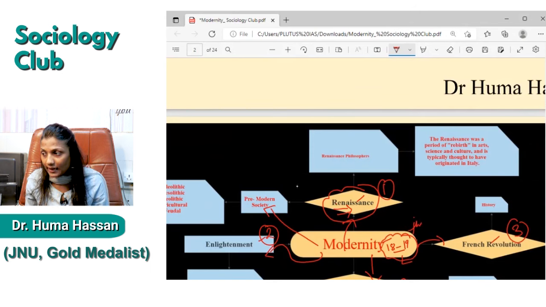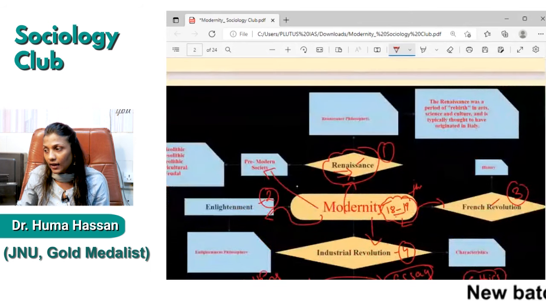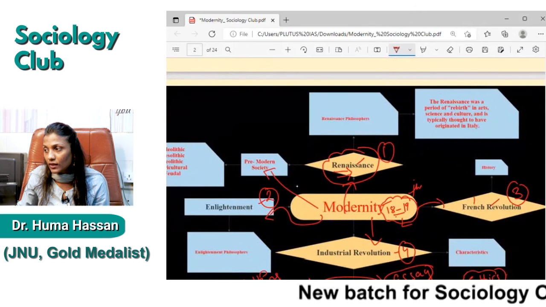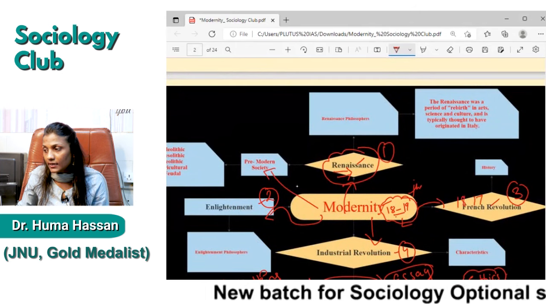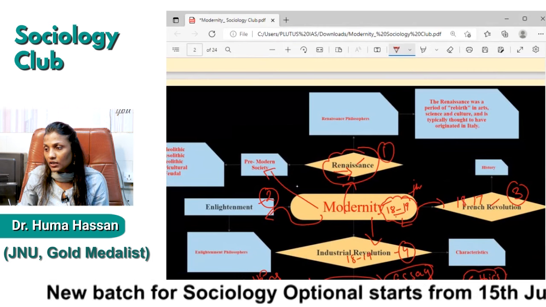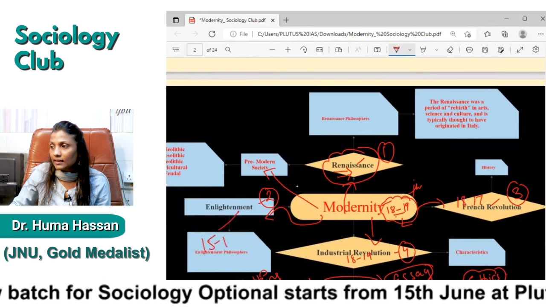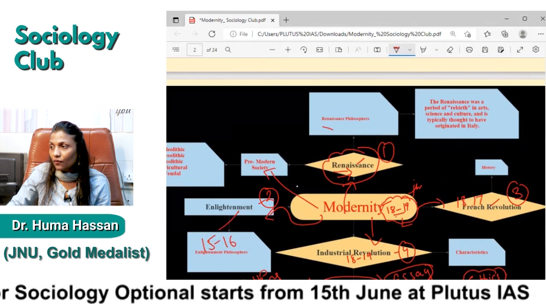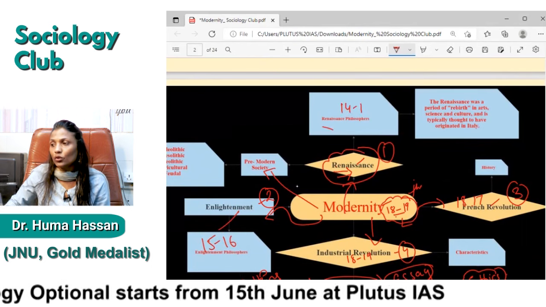Before this is the 17th to 18th century, the Enlightenment is 15th to 16th, and the Renaissance is the 14th to 15th century.